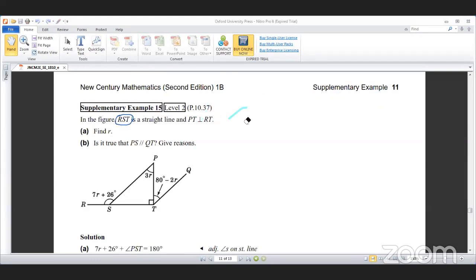You can see in the diagram, PT, this one, RT, and this angle is 90 degrees. It's a right angle.